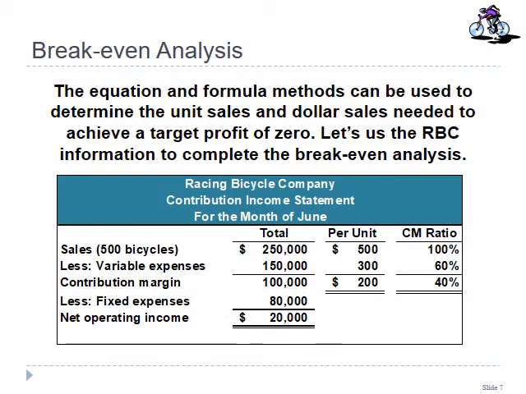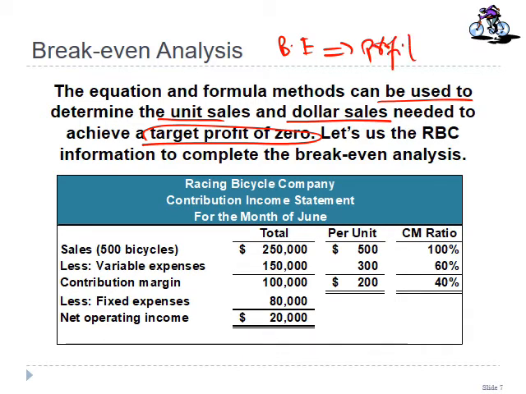The equation and formula methods can be used to determine the unit sales and dollar sales needed to achieve a target profit of 0, which means at break-even the profit will be 0. So in that case you just put 0 in the equation of target profit analysis and you can find out the break-even. Simple. Let's go through the slides a little bit quicker.